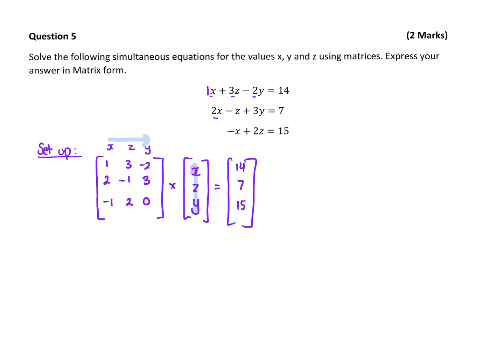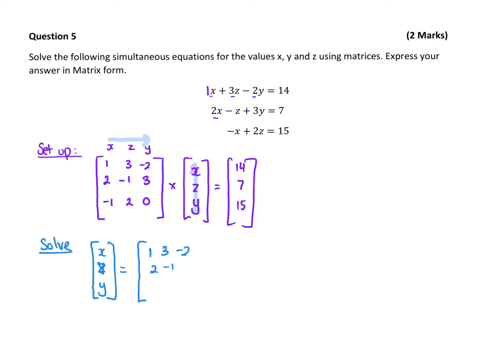Now, if you are actually going to solve it using matrices, solving would mean we're trying to find what x, z, y is equal to. So remember that it's the inverse of this first one.